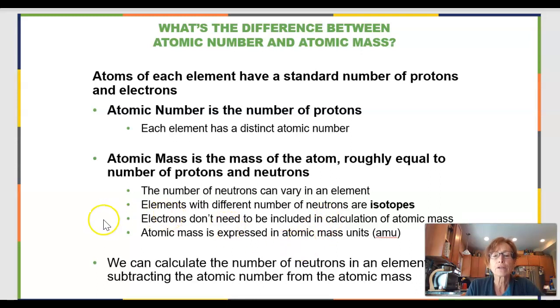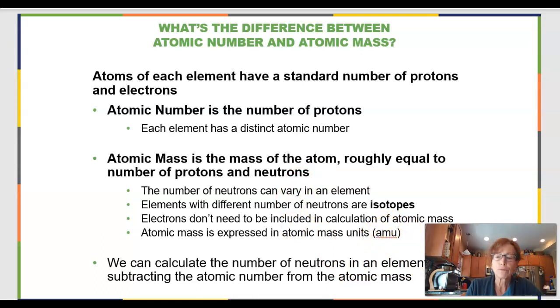Electrons aren't really counted when we find the mass because they're so small that they don't add up to enough to make them useful in this. So when we measure the mass of an atom, basically it's the protons and the neutrons combined. Atomic mass is measured in AMU.